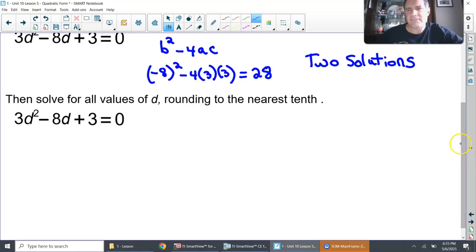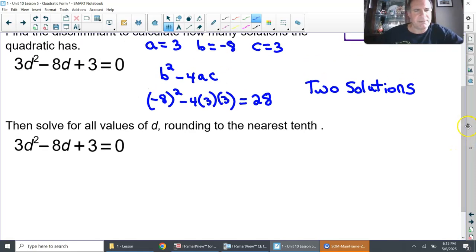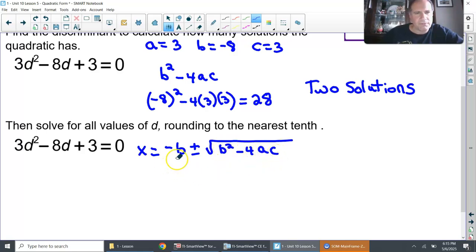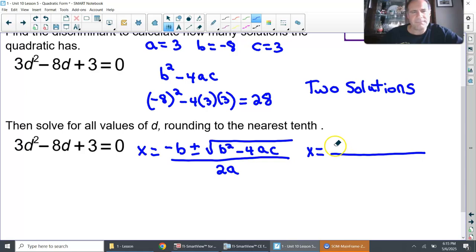So we already have the a and the b. This is basically using the quadratic formula. This is -b plus or minus square root of b squared minus 4ac, over 2 times a. I'm going to move over here, -b.